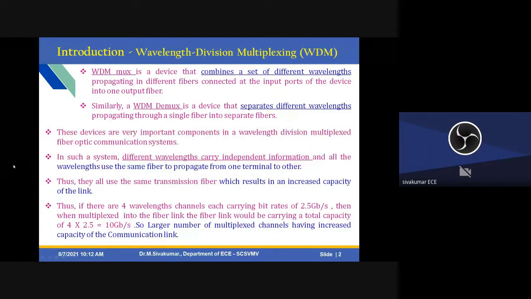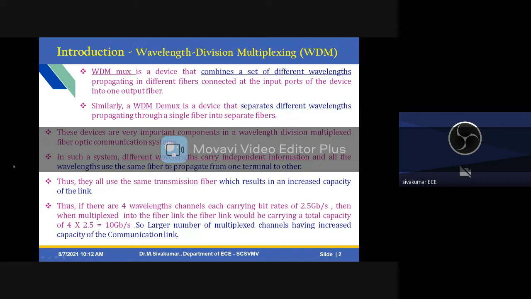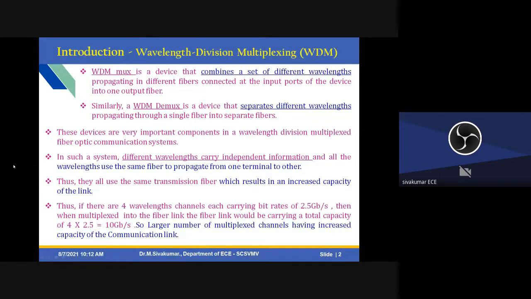Okay, the next one is to determine the crosstalk in adjacent channels of the optical wavelength division multiplexing technique. We are using the demultiplexer for different wavelengths. So we are going to do the experiment to determine insertion loss and also determine the crosstalk.